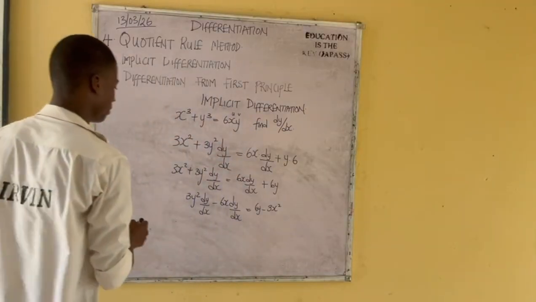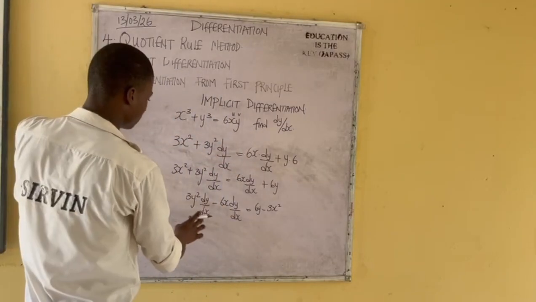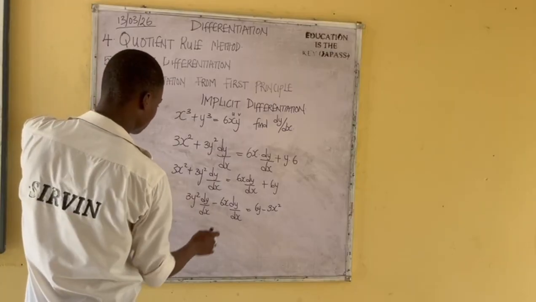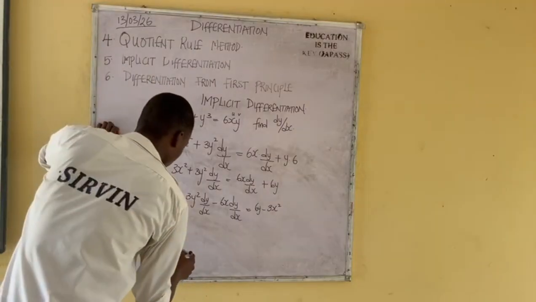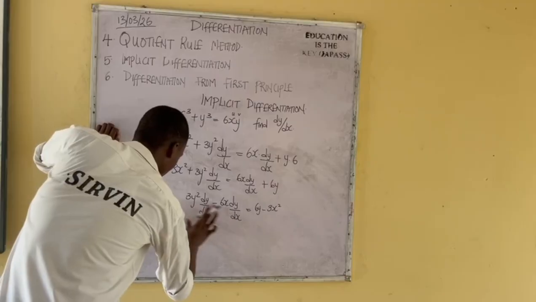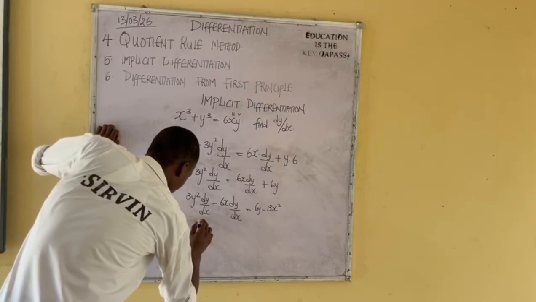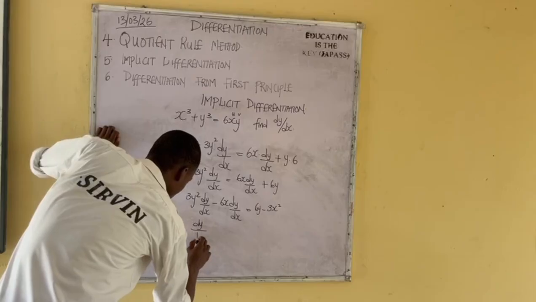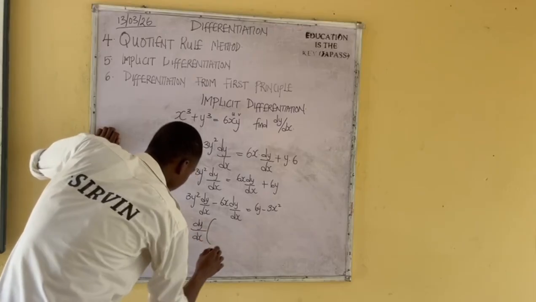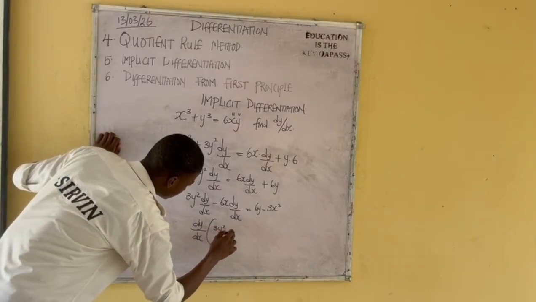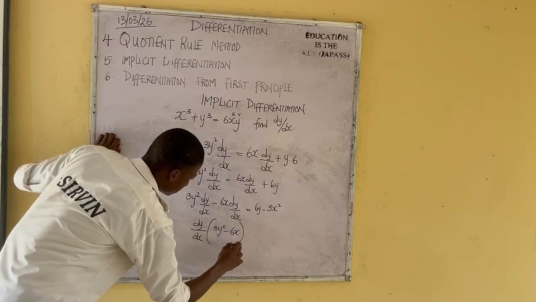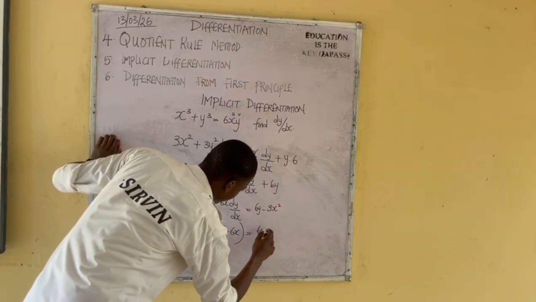Now factorize: let me bring out that dy over dx first. Since it's in two of them, what will be left? 3y squared minus 6x equals 6y minus 3x squared.